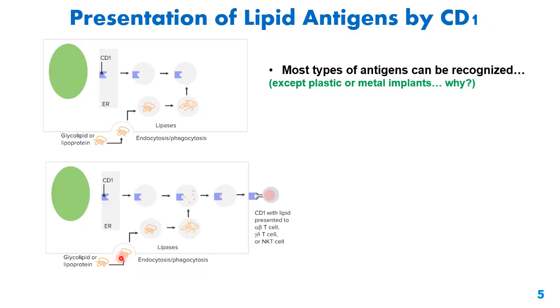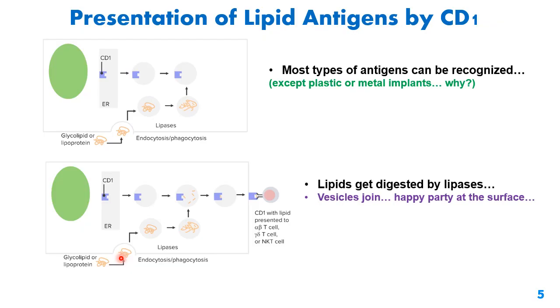All right. So what is happening here with the lipids? When you have lipids that are in the extracellular fluid, it is eventually going to get endocytosed by those presenting cells, right? And when you go through the breaking down process of the lipids, you have enzymes that break them down, and those are the lipases.